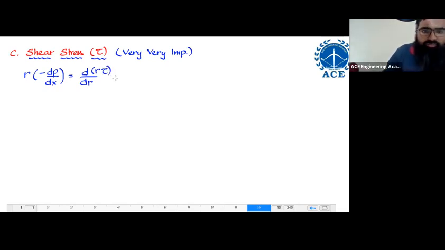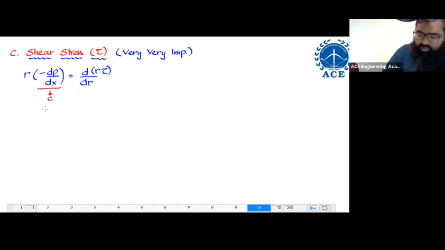A governing equation hai. One more thing you have to accept now. Delta P by L or minus dP by dx is a constant value, and that too a positive constant value. You are seeing minus over here, but it is not a negative quantity.